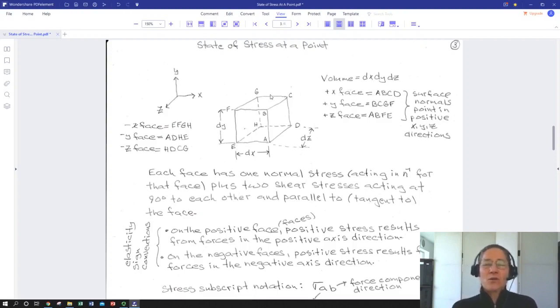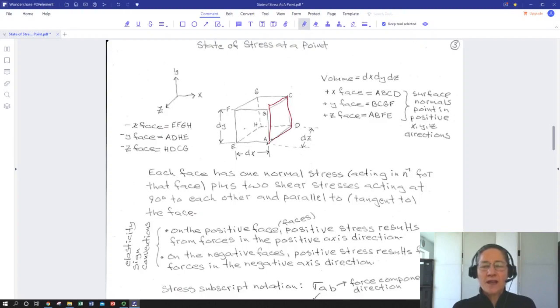We won't necessarily call them of differential size, but pretty small. So we've defined our x face as this one. So we've got A, B, C, D. This is our positive x face. Positive y face is up here, kind of oriented vertically. So x, y, and this face is z.